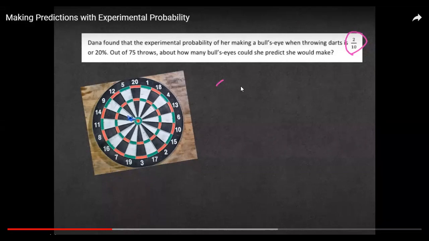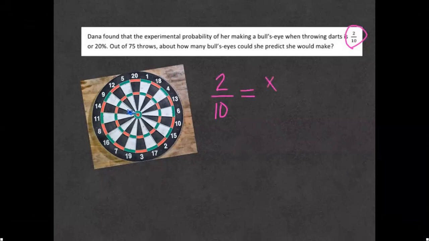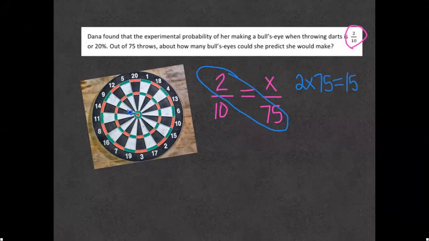Okay, so let's watch the answer. She makes it 2 out of 10 times, and now I need to decide how many times she would make it out of 75. So this is what you said exactly, Muhammad. One way to solve this that I previously taught my class is to look sideways, or diagonally, cross and multiply those two together. 2 times 75 is 150.